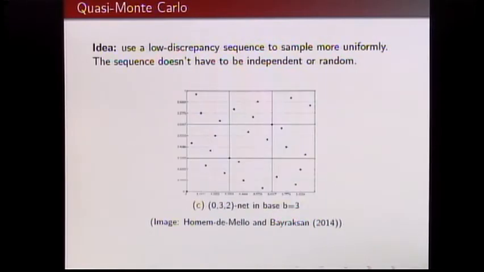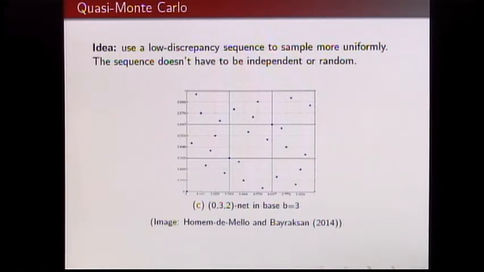All right, here's another example. These are TMS nets. It's a (0,3,2) net in base 3, for example. There are many different ways of calculating it. You can see there are 9 boxes on the big square, in 2 dimensions, and each one of the 9 boxes has 9 boxes inside it. It's a little bit reminiscent of Latin hypercube.